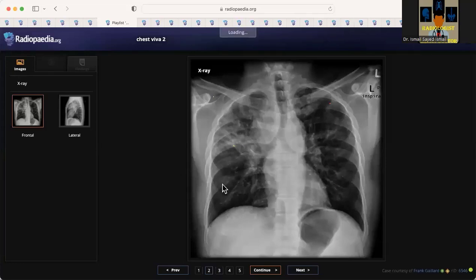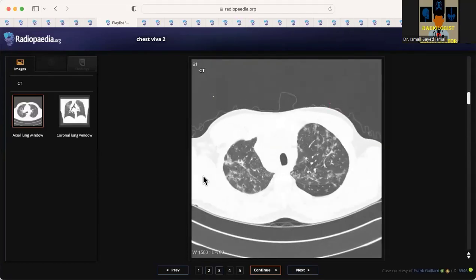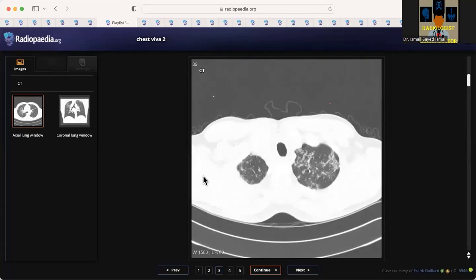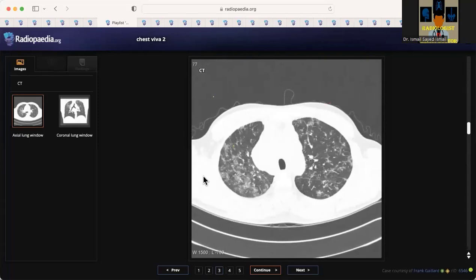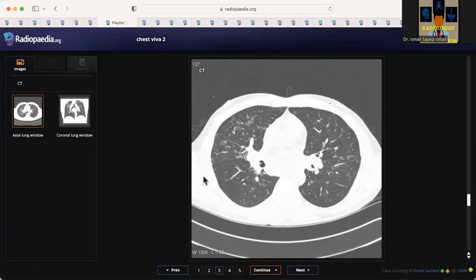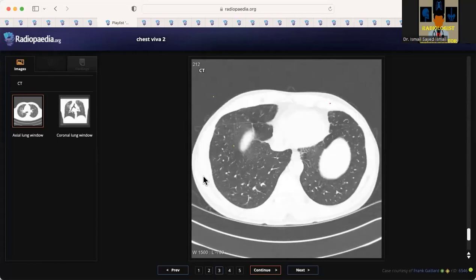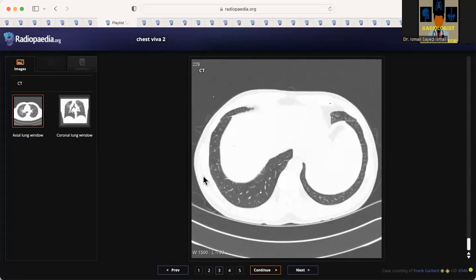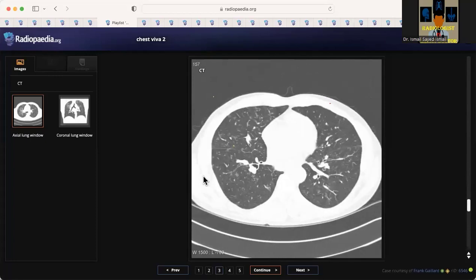And so in the CT, I can see that there are multiple nodular densities which are mainly clustered around the bronchovascular bundles. That is, peribronchovascular interstitial thickening is there.